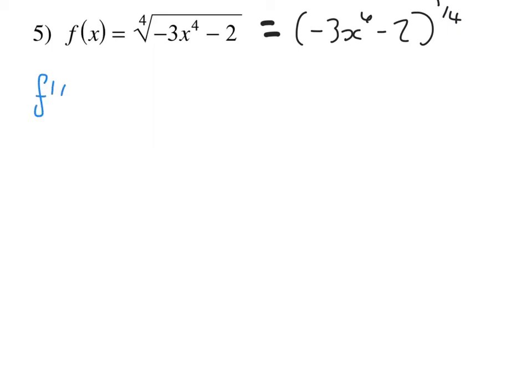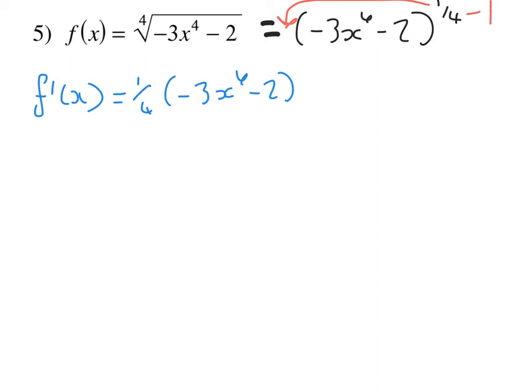So f prime x, what I'm going to do is bring the power down in front, which in this case is a quarter, and keep my bracket the same, minus 3x to the power of 4 minus 2. And then I need to reduce my power by 1.